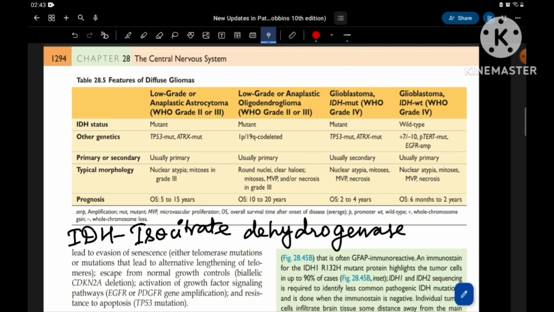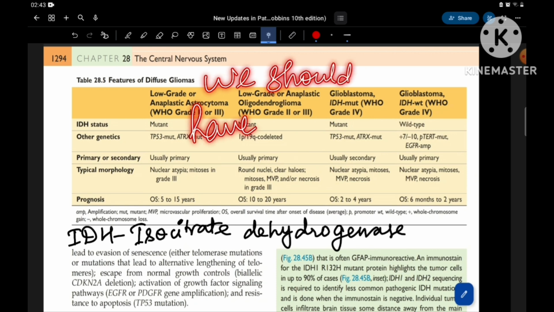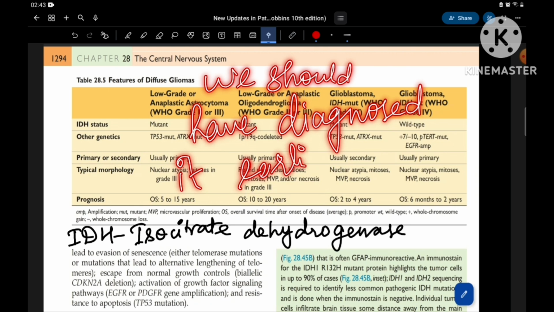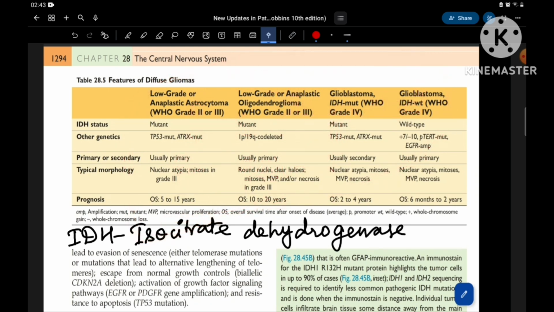So that means we should have diagnosed it earlier. We should have diagnosed it earlier, guys. This is what we should know.